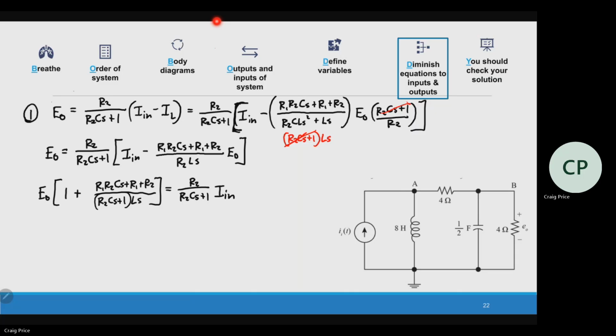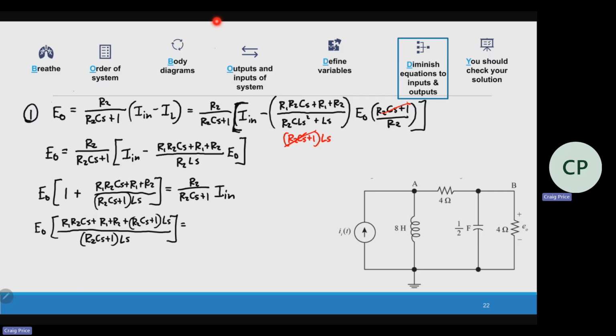So this becomes E out. To add that 1, I get R1, R2 CS plus R1 plus R2 plus R2 CS plus 1 times LS over R2 CS plus 1 times LS is equal to that.